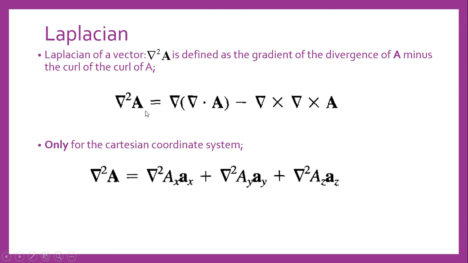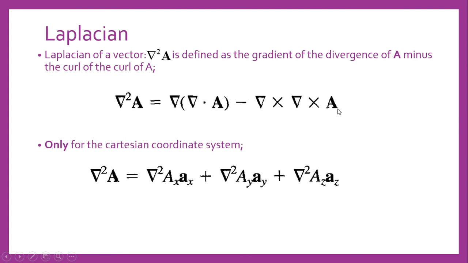Del square A can be written as the gradient of the divergence of A minus the curl of the curl of A. This can be stated in certain cases.